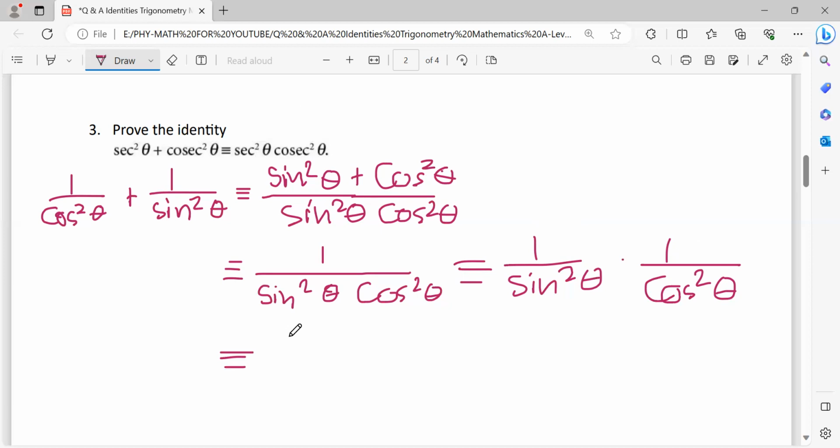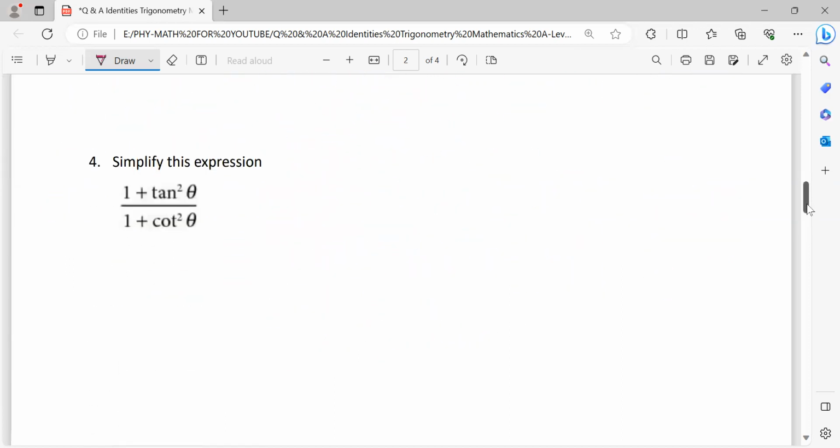So it becomes cosecant times secant. I think that is clear.